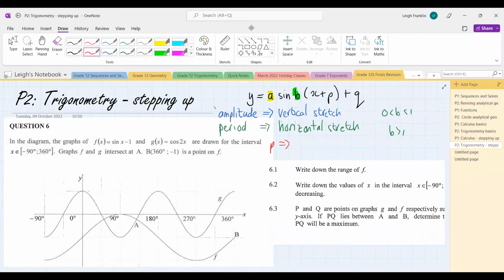What does P change? So if I was to say something like, I have a graph h of x, can you see it?